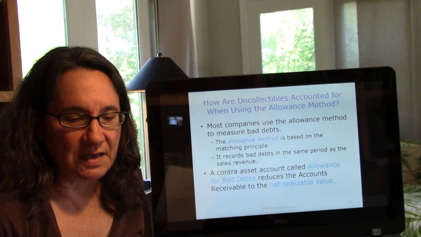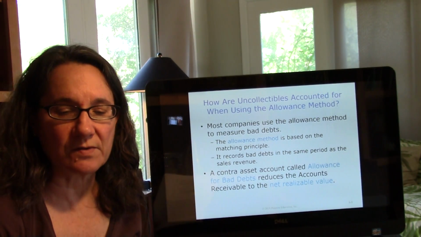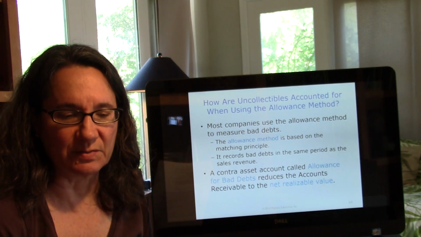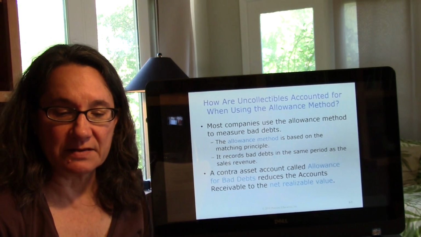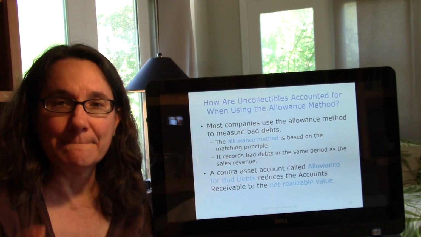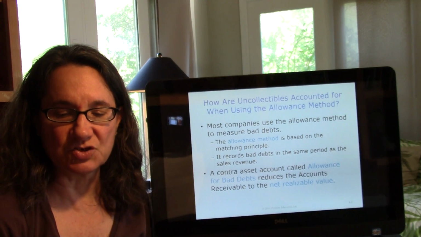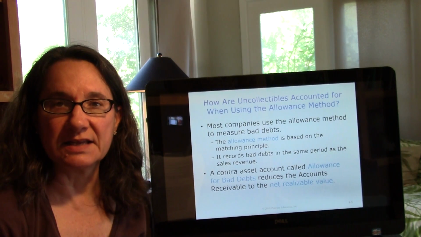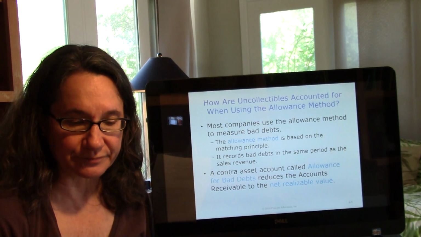In order to be in accordance with generally accepted accounting principles, GAAP, companies must account for their uncollectible accounts using the allowance method. The allowance method is based on the matching principle. Thus, the key concept is to record bad debt expense in the same period as the sales revenue.